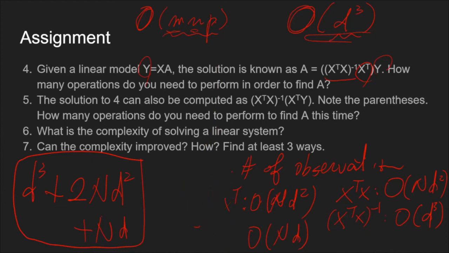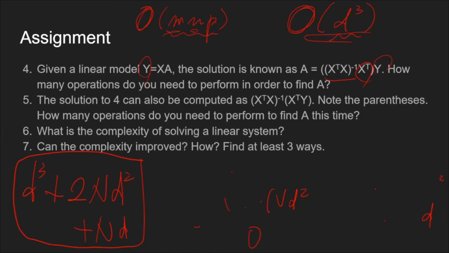Okay. I guess I have 2 more minutes. Let's see if I can finish that in 2 minutes, which is not going to be difficult. So we saw that x transpose x has a complexity of nd squared, right? It's the same thing.